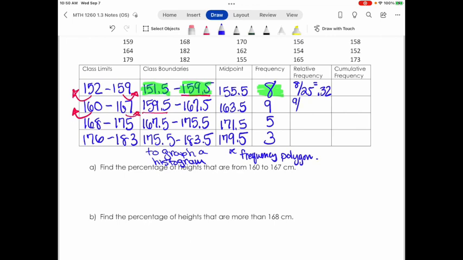And we go down and do that for each frequency. So the second interval would be 9 out of 25, which would be 0.36 or 36%. So we just go down and do that for each of these intervals. And there you go.